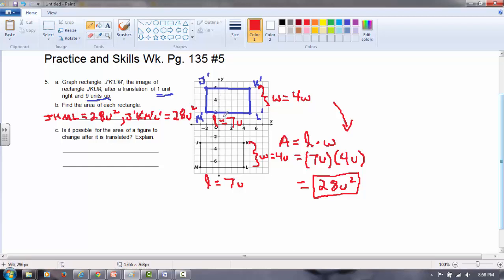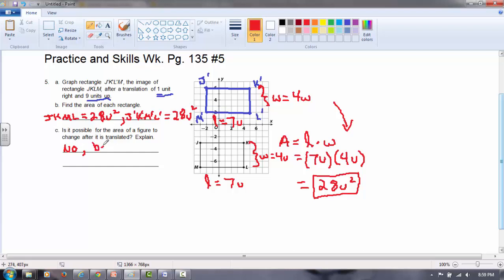The sides are the same. It doesn't change. And the angles are the same or congruent to each other. Since the sides are the same and the angles are the same, the area is also going to remain the same. So is it possible for the area of a figure to change after it's translated? No.